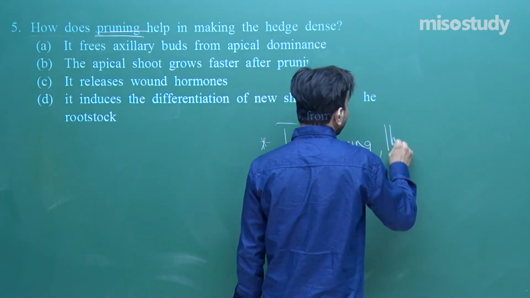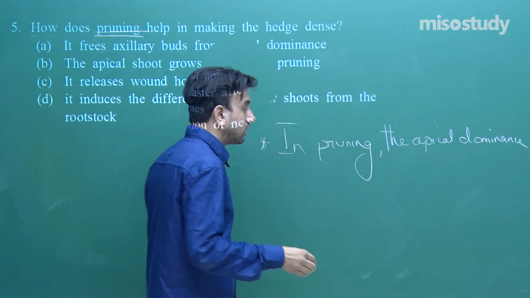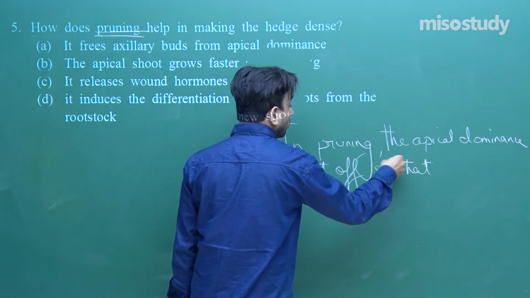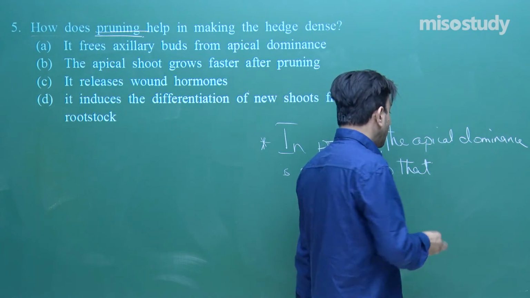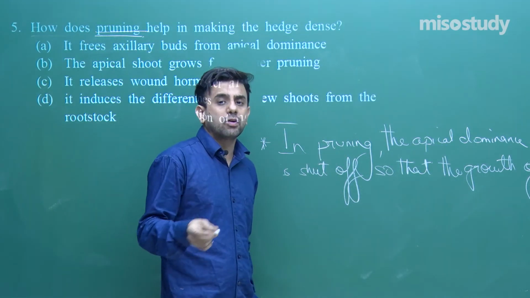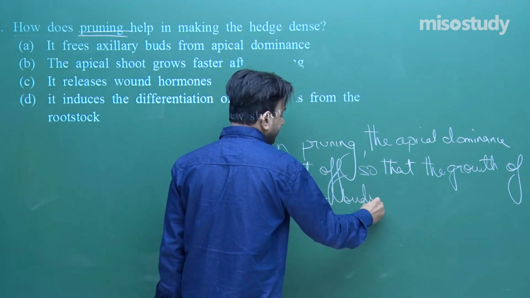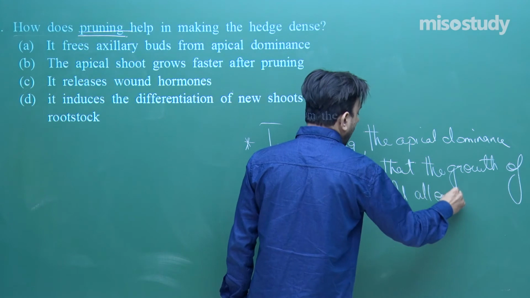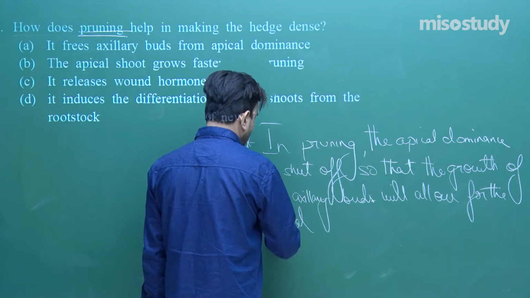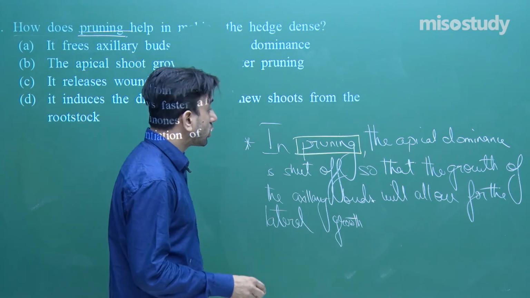So in pruning, the apical dominance is shut off, so that the growth of the axillary buds will allow for the lateral growth, right.